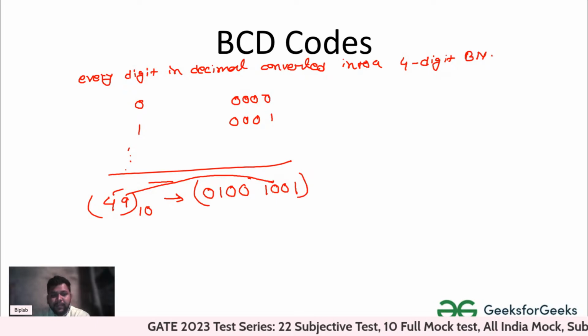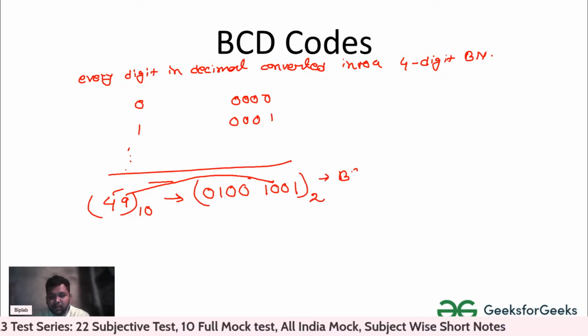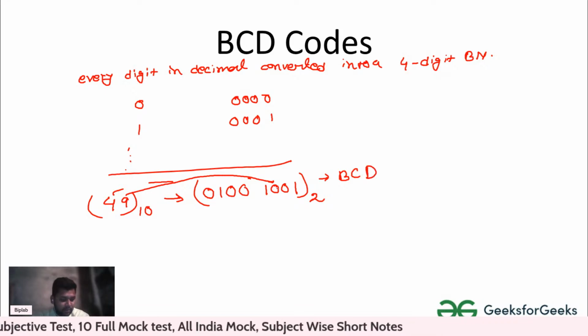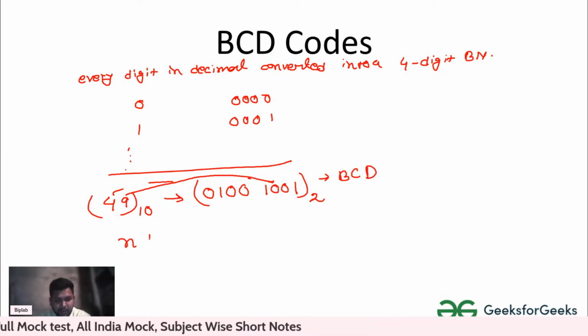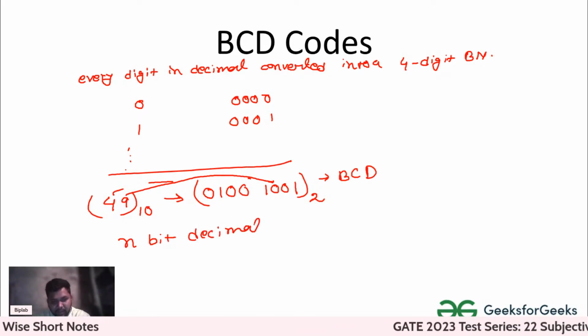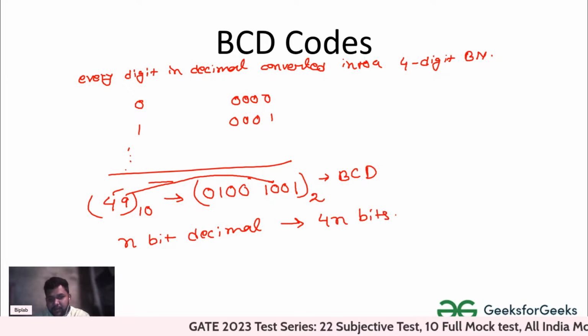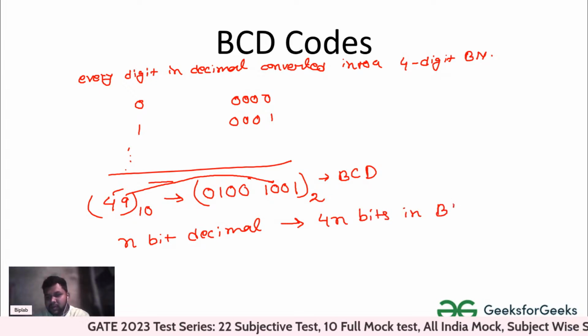So this is base 2 but in BCD. So if you have an n-digit decimal number, then you have 4n bits in BCD code.